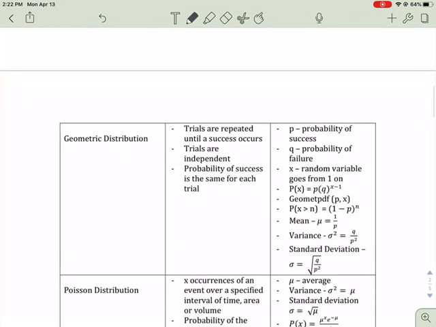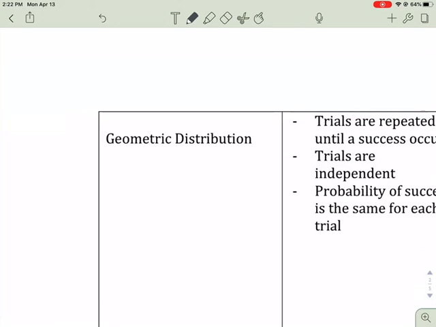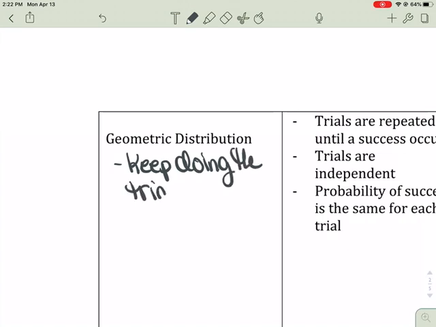Then we talked about geometric. Again, we have independent trials and the probability is the same for every trial, but the difference between geometric and binomial is that I'm going to keep doing the trial until I get a success.